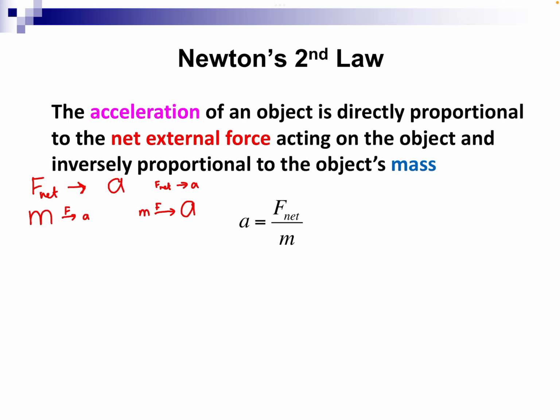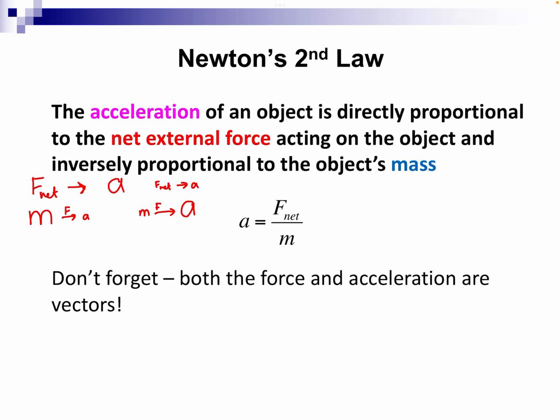So if you're trying to push a car with a very big mass, with a certain force F, maybe the car will move only a little bit, if not at all. If you exert the same amount of force on a bicycle, for example, which has a smaller mass, then of course the bicycle will have a bigger acceleration. So that's Newton's second law of motion.